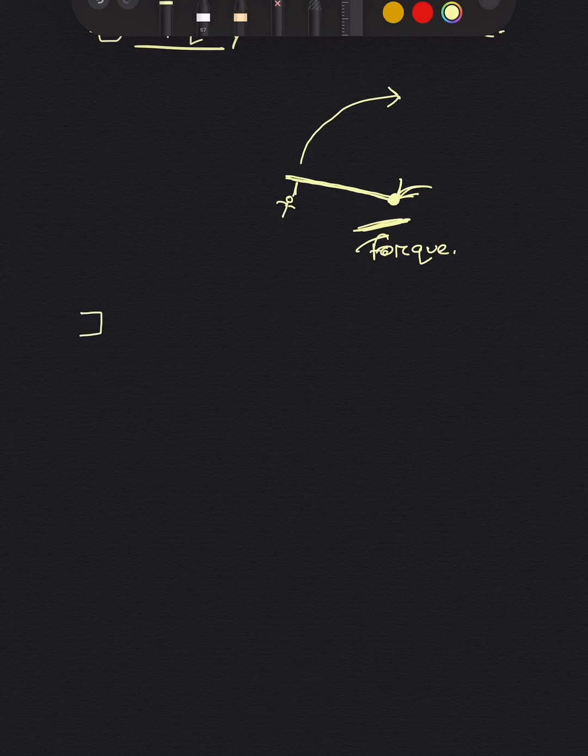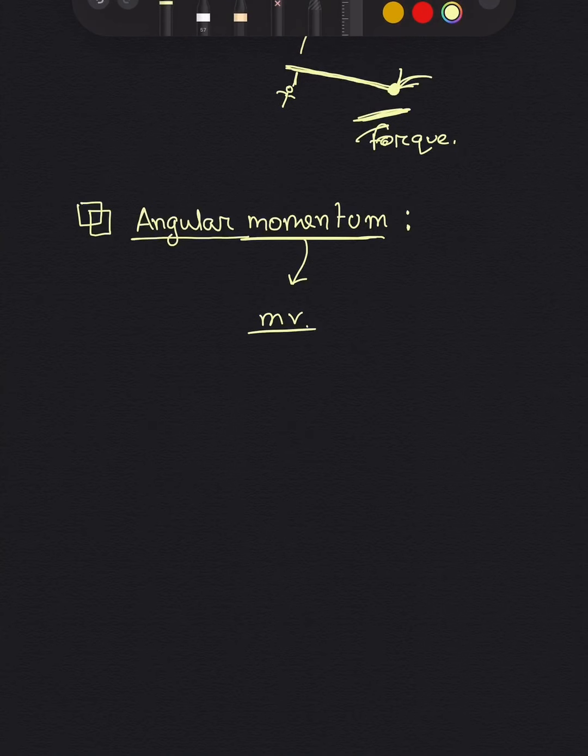Now coming to our fifth vector quantity, angular momentum. Now what is angular momentum? We all know that momentum is the product of mass and velocity. Previously we called it momentum. Now we will call it linear momentum.